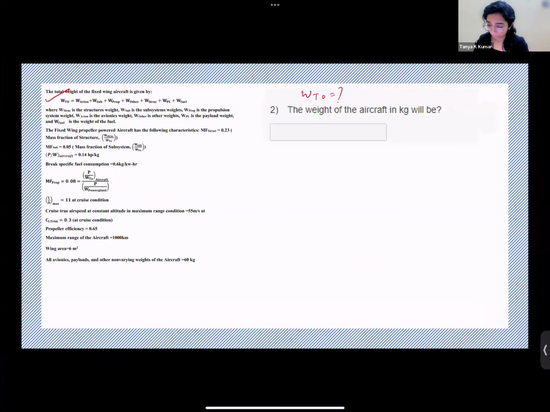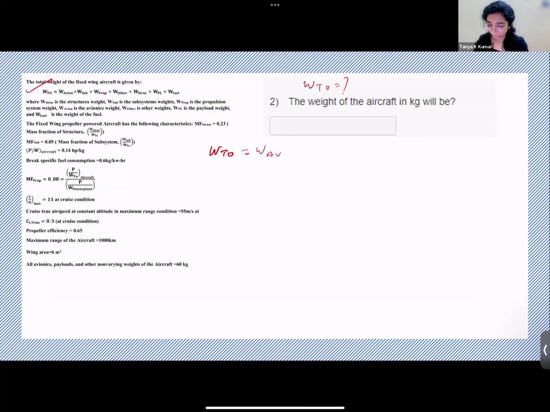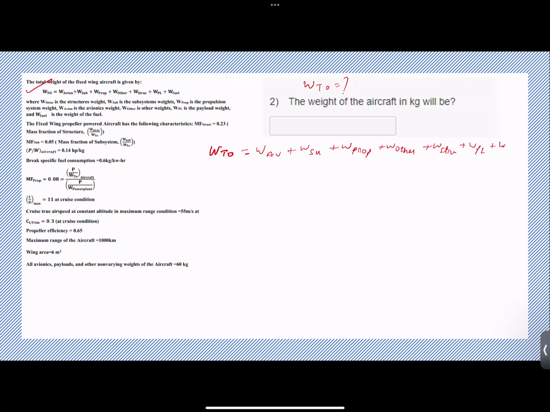W takeoff equals W avionics, W subsystem plus propulsion system, W other plus W structure plus payload plus weight of fuel. Now avionics, payload and others are given to you directly.